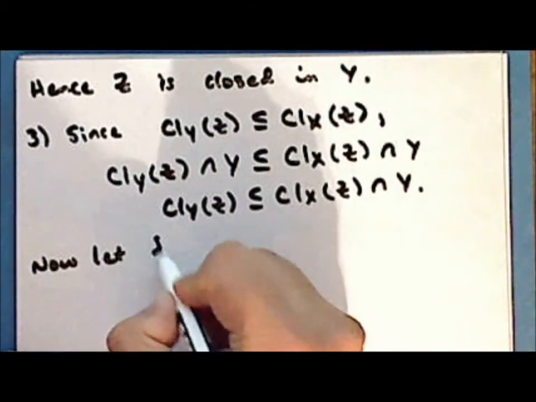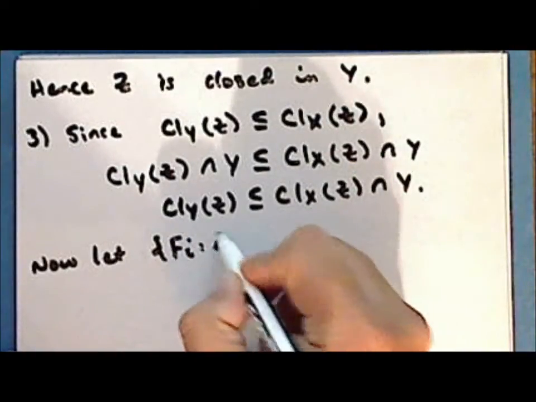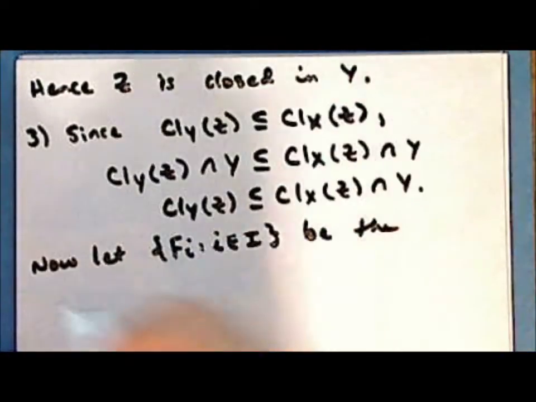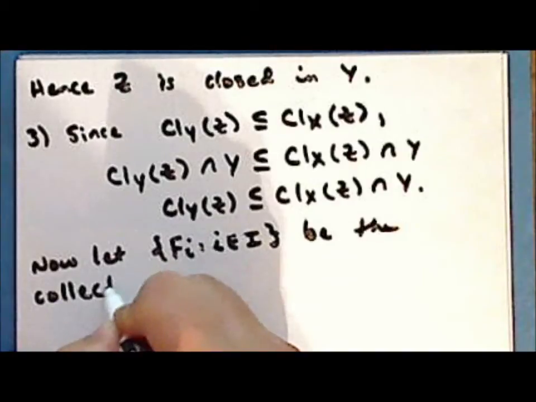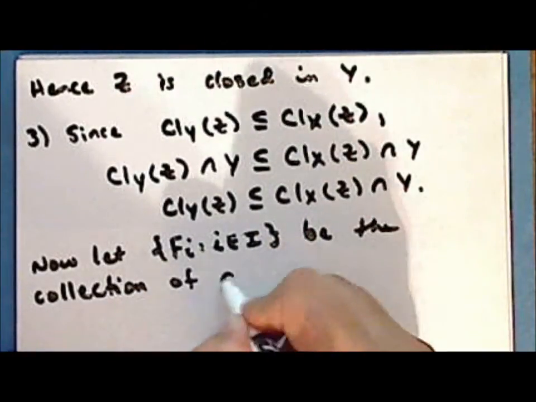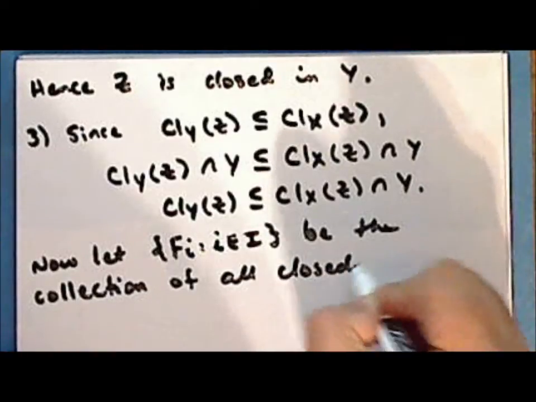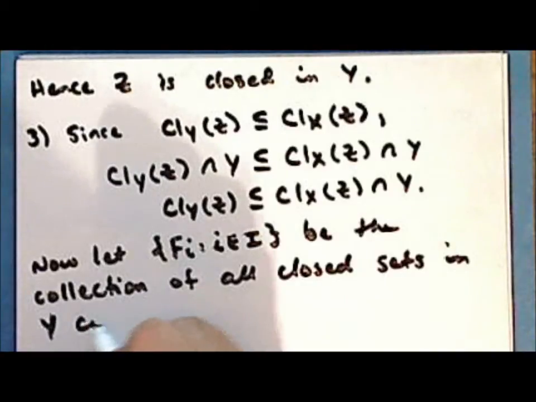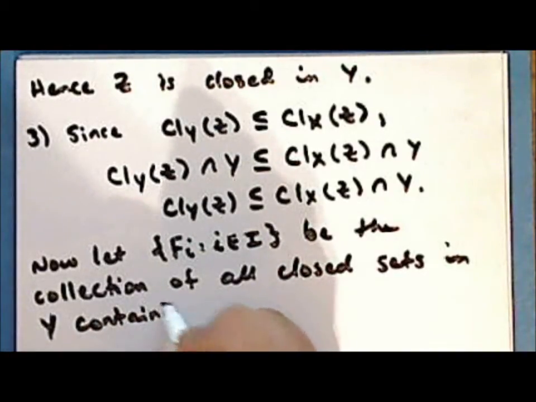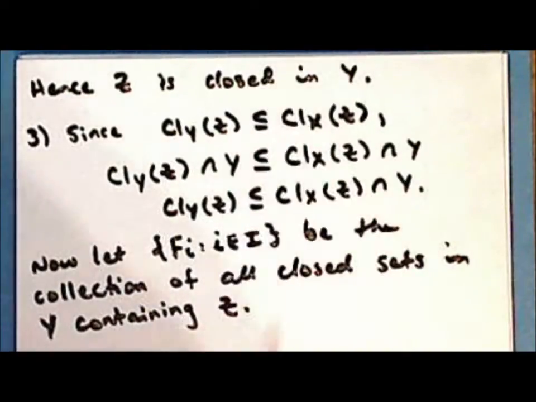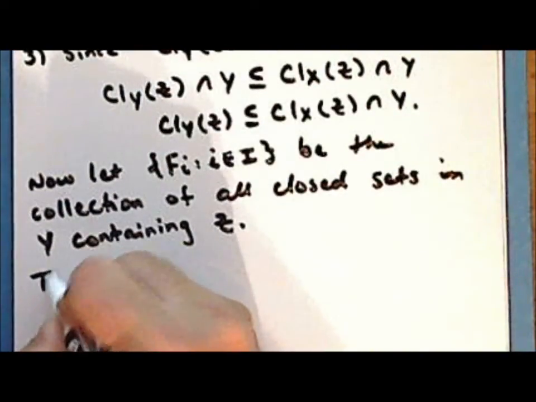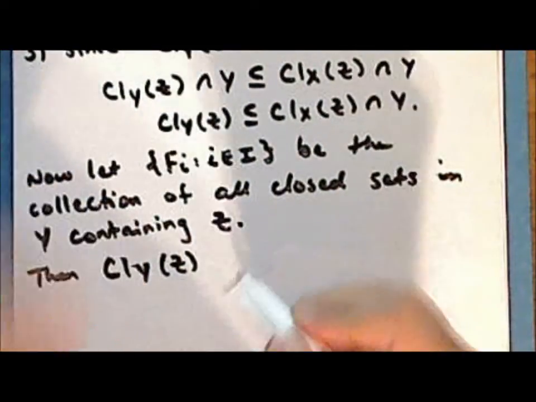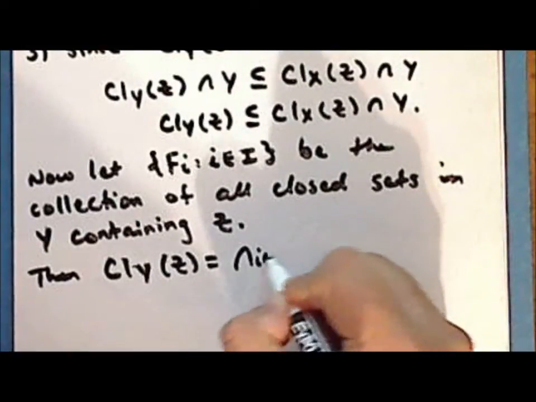Now, let the collection of sets f sub I for I in some indexing set I be the collection of all closed sets in the subspace Y containing the set Z. Then the closure of Z in Y is the intersection of these sets.